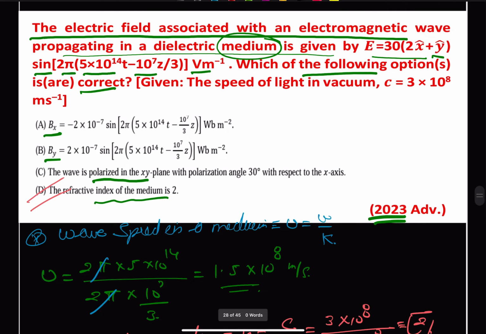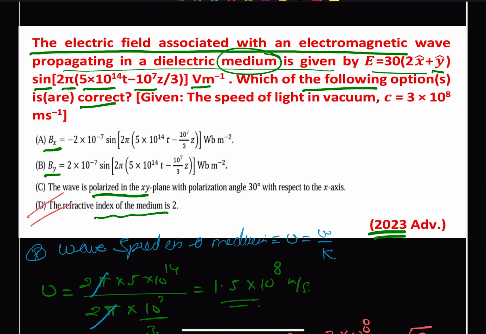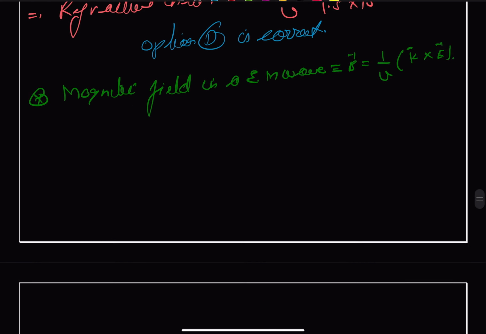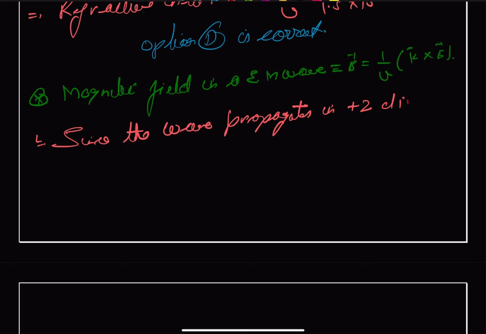And we can say that since the wave propagates in plus z direction, therefore from here we can write that our k unit vector will be our z unit vector.